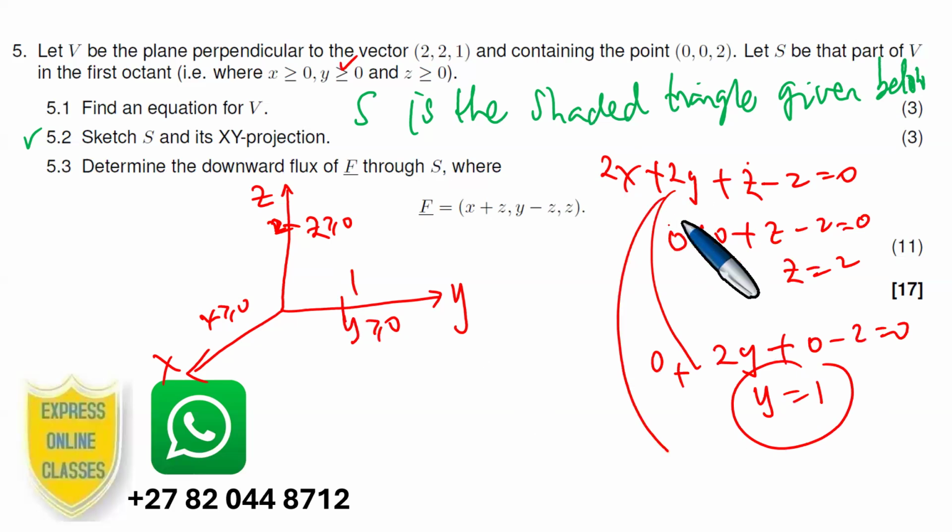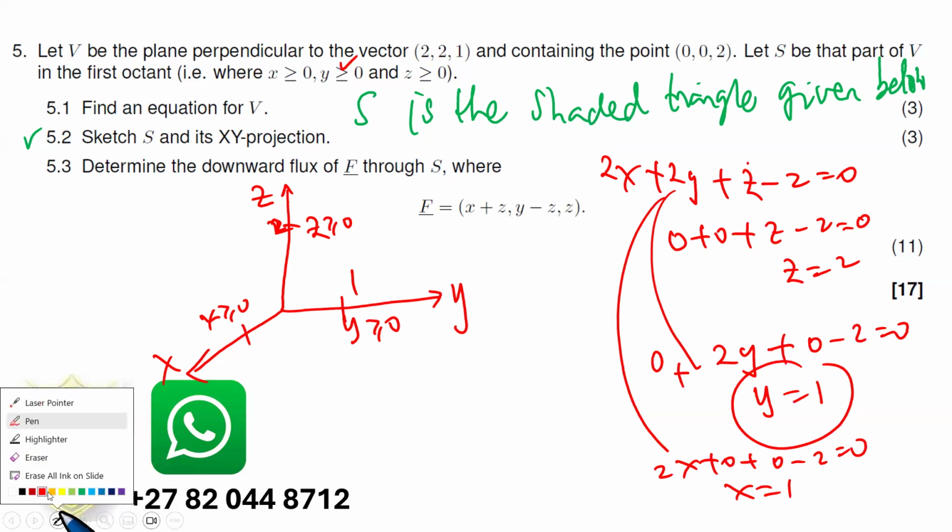You continue. Y is 0, z is 0, which means 2x minus 2 equals 0, so x is 1. So now x equals 1. Then let us sketch this in the first octant.